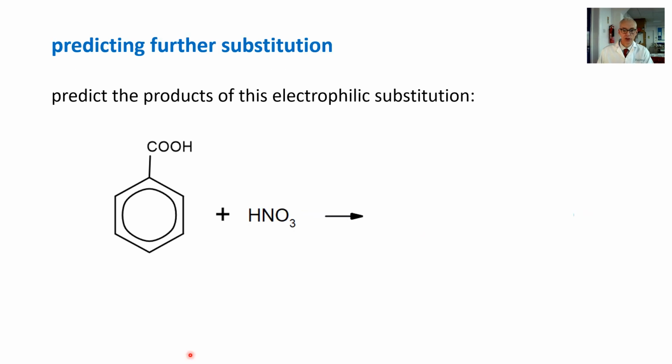In which case, try this problem. Benzene carboxylic acid plus 1 molecule of nitric acid. Predict the nitration product. Pause, come back to compare your result with mine.